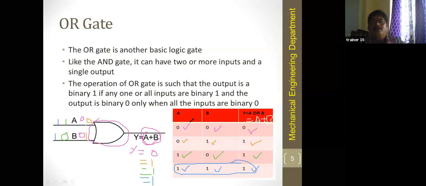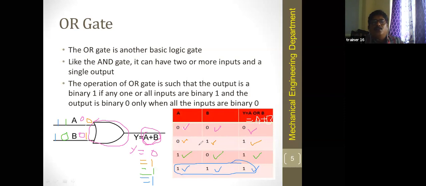Okay, again, I will repeat. If you give the two inputs A and B as 0 and 0, then the output from the OR gate is 0. That means A plus B, 0 plus 0 is equal to 0. Similarly, if A is 0 and B is 1, then the output is 1.